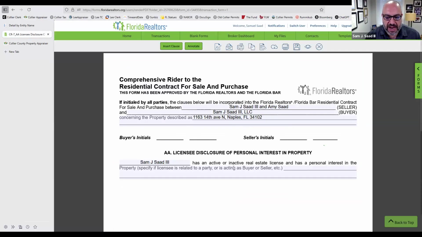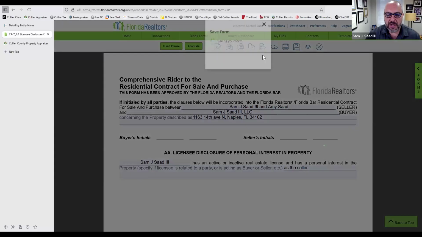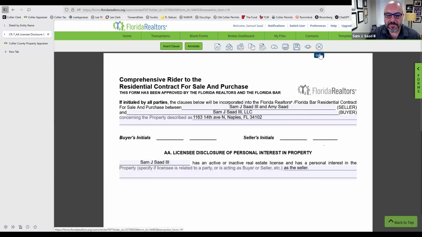Sam J. Saad III has an active real estate license and has a personal interest in the property as the seller. So that's just something we want to put in there. See if I filled that out properly. So now the agents and the parties understand that I have a personal interest in the property. We'll save that.